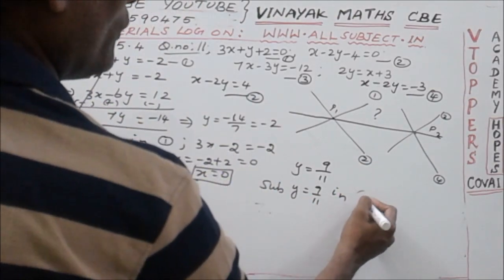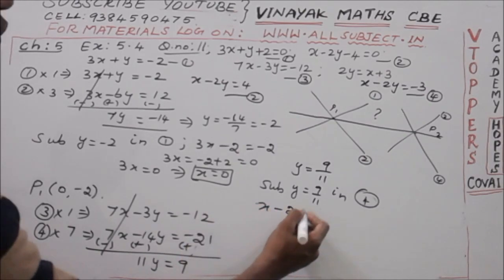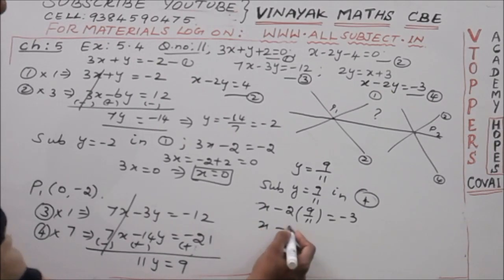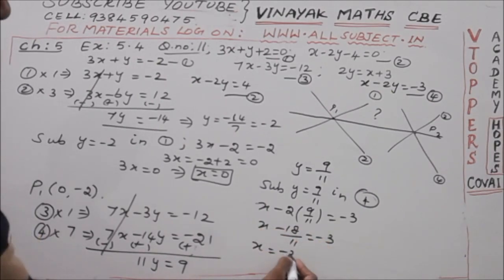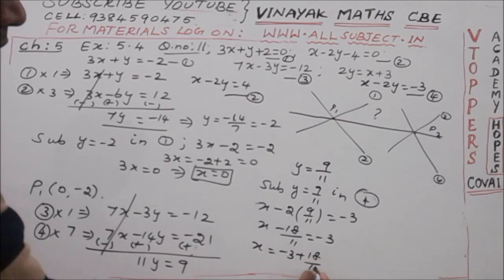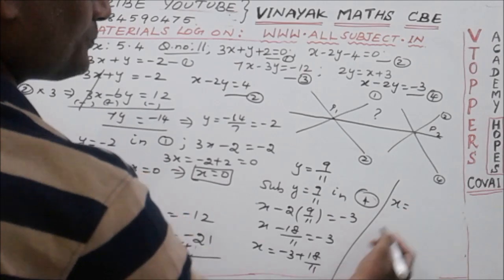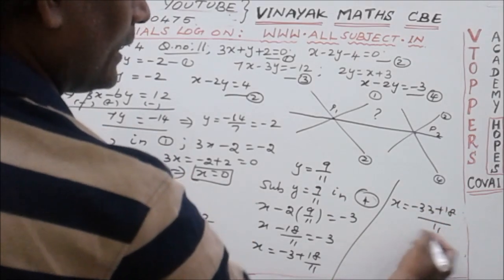So substituting in 4, x minus 2 into 9 by 11 equal to minus 3. Now x minus 18 by 11 equal to minus 3. x is equal to minus 3 plus 18 by 11. Taking LCM, x is equal to (minus 33 plus 18) by 11.